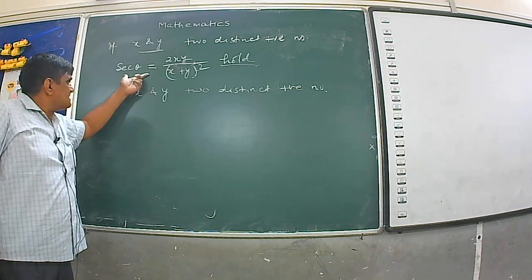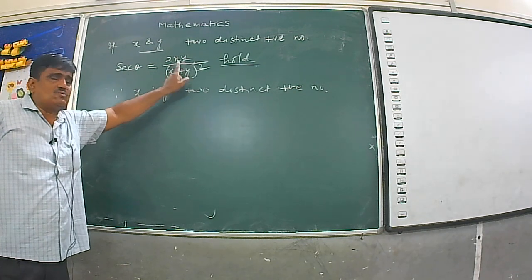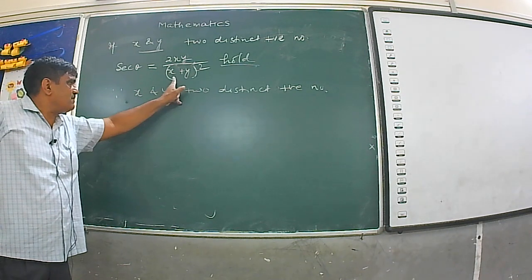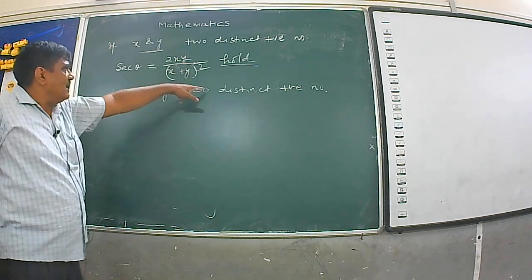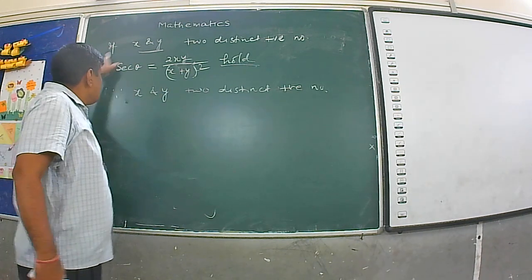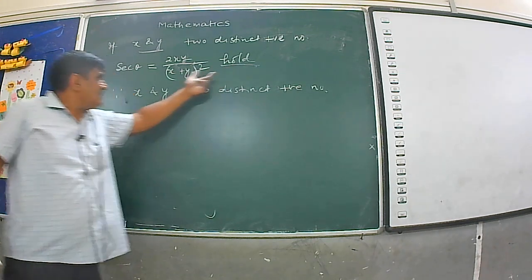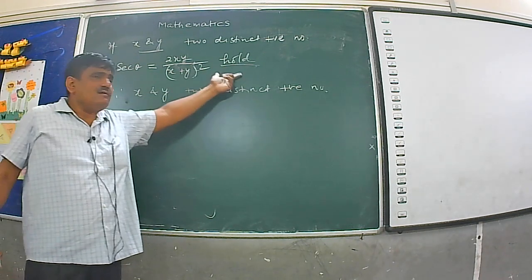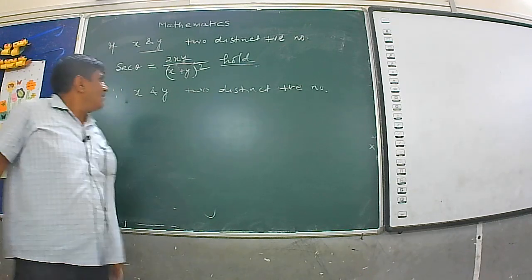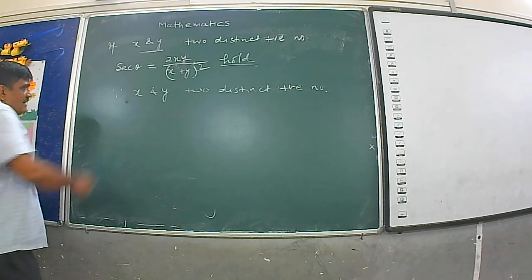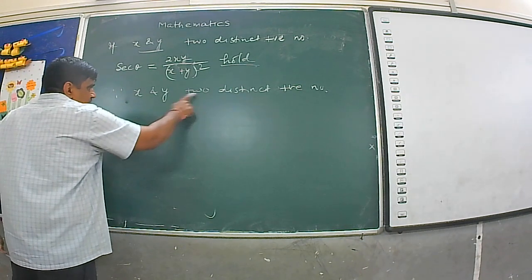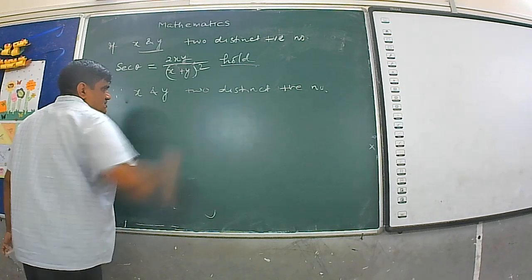The question is that sec theta is equal to 2xy by x plus y whole square, and to show that the relation is right or wrong, that is, whether the relation holds, since x and y are two distinct positive numbers.